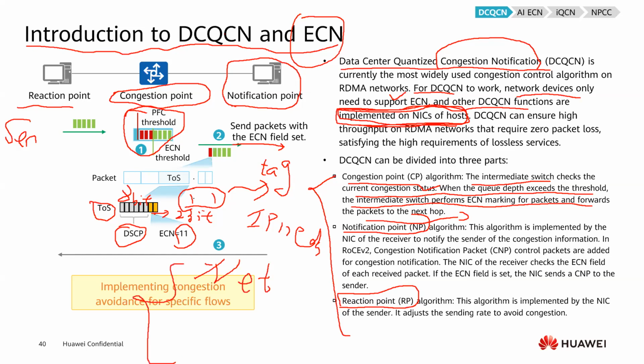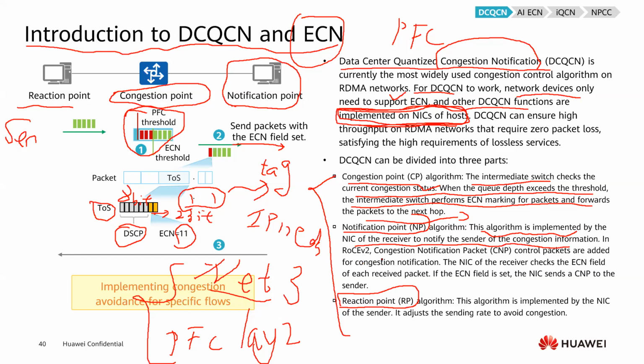So do you still remember the PFC? The PFC frame is in layer 2, and ECN is in the network layer, that means layer 3. This algorithm is implemented by the NIC of the receiver to notify the sender of the congestion information.